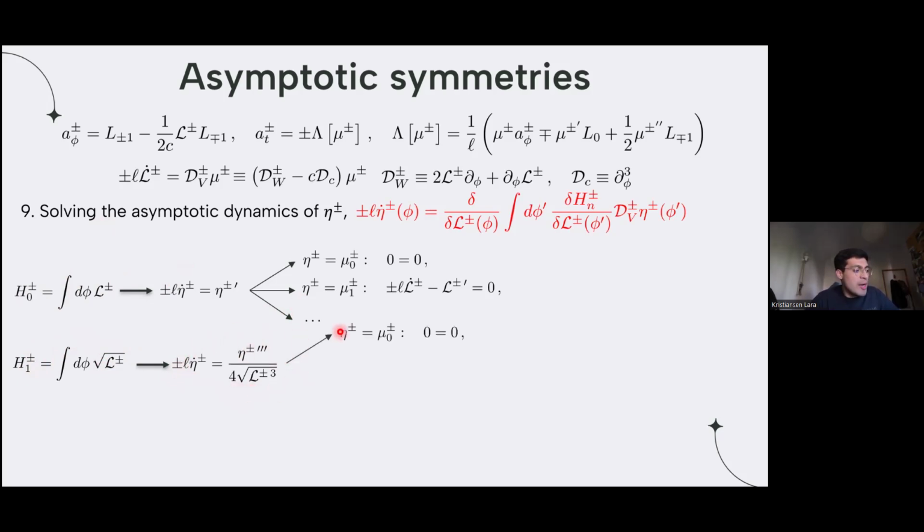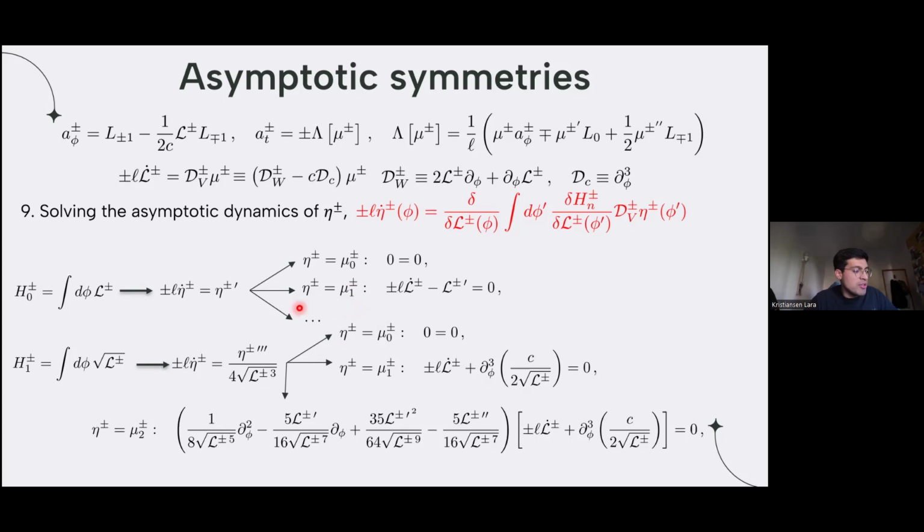If you plug the dim Gelfand-Dickey polynomials, which are basically the functional derivatives of dim's Hamiltonians with respect to L, that's it. If you do this procedure, then you will always obtain the equation of motion. 0 equals 0, it is trivially solved.